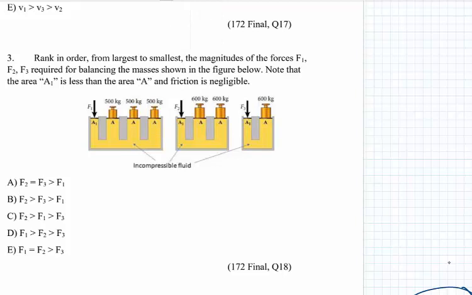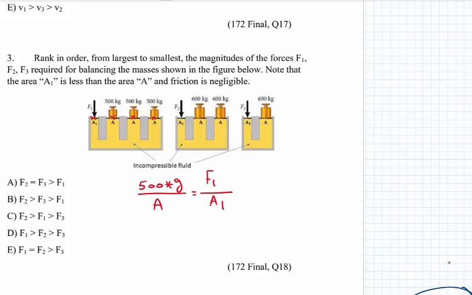So in this case, for any of the three hydraulic devices, the pressure here equals the pressure at this point, equals the pressure on the other point. So you can say that 500 kilograms times g, that's the weight, divided by the area, this is the pressure, equals the pressure on the other side, which is F1 divided by A1.